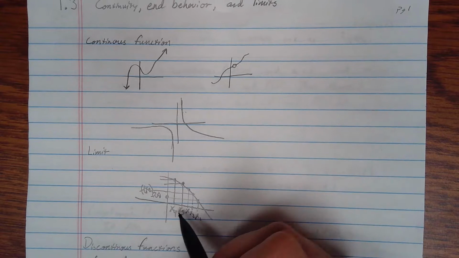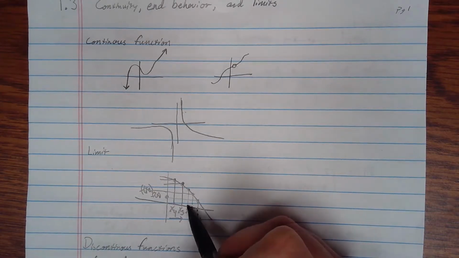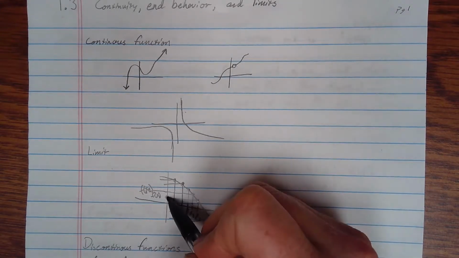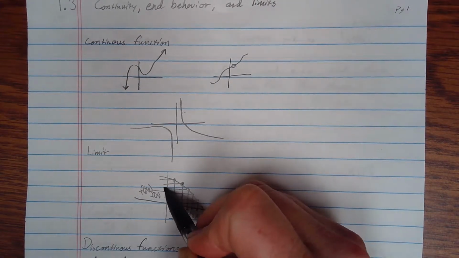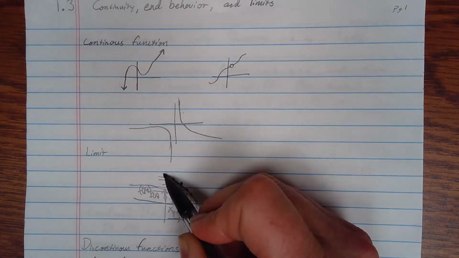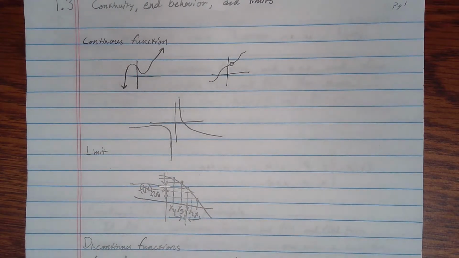As I choose my x values so that I get closer and closer to this x that I'm after, my function values will get closer and closer to this f value right here that I'm after. That is a limit. A limit is simply, as I choose values closer and closer to a certain x, what will the function appear like it's going to go to?